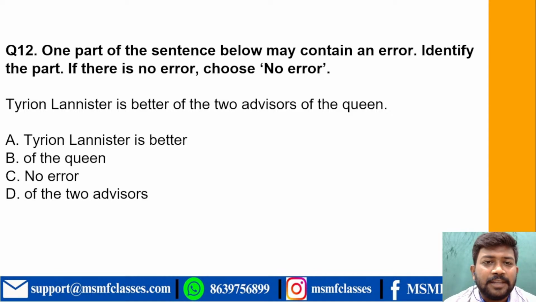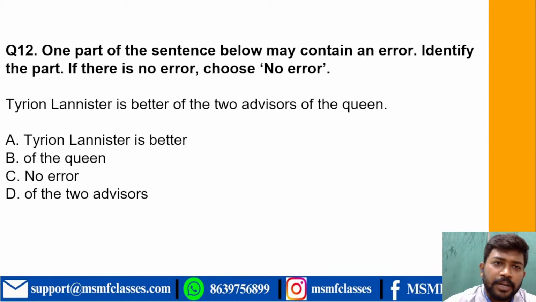Tyrion Lannister is better, of the Queen, or no error, or of the two advisors. So try to give the correct answer. Soumya has opted D as the answer, of the two advisors. So let me check what is the correct answer now.